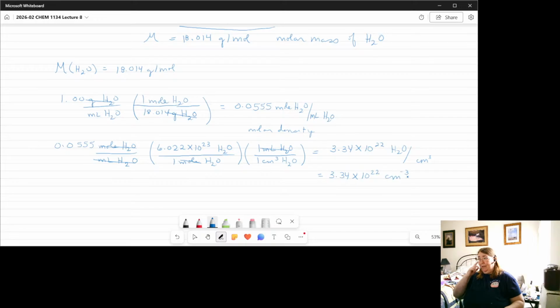Notice I just dropped the water molecules. So this is the number density.